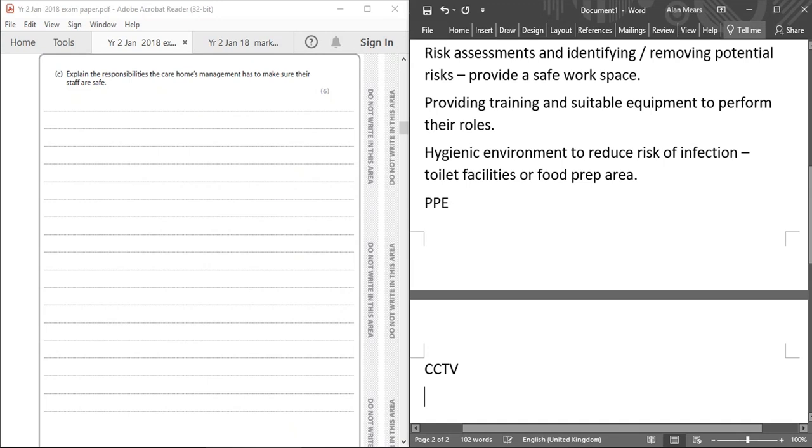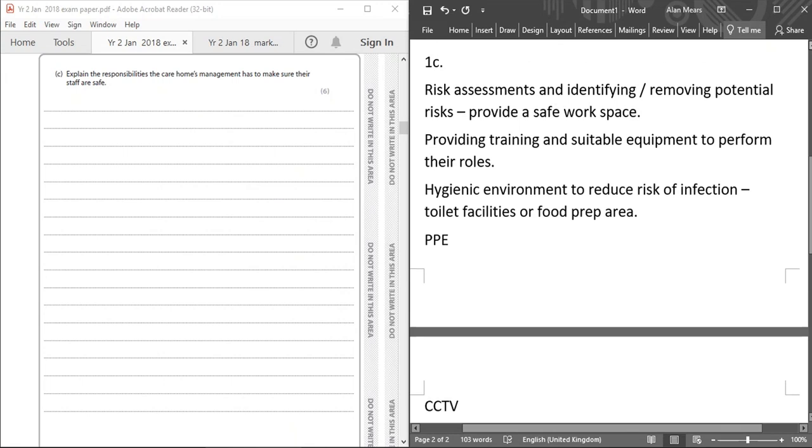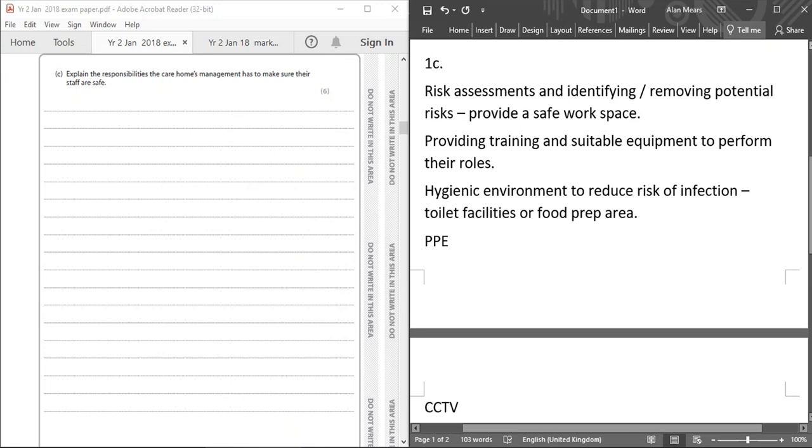CCTV could be one. We might think about national occupational standards. So has the work or the employer met the national occupational standards? Are they being provided to keep the staff safe? So I've given quite a few there. It's a 6 marker. My general rule of thumb with 6 markers with my students is identify 3 and then explain them.